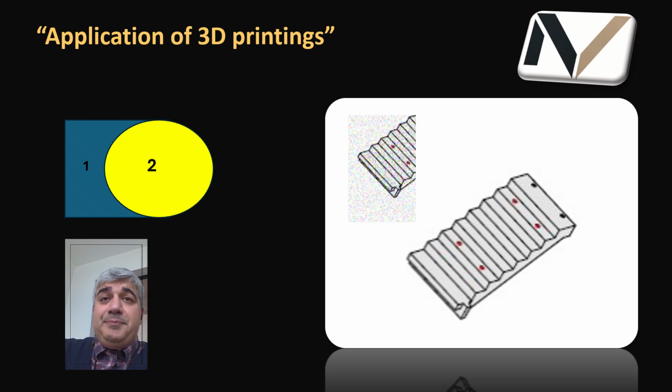If you look at the image on the left hand side of this slide, you can see a blue rectangle which is named element 1 and a yellow circle which is named element 2.